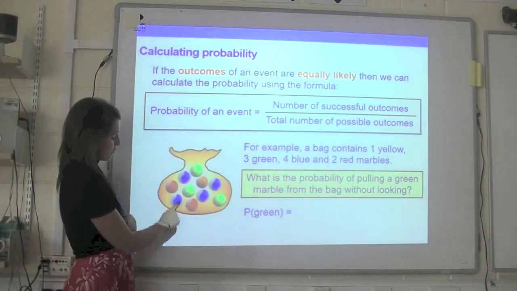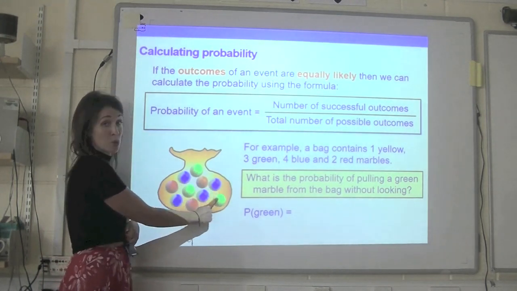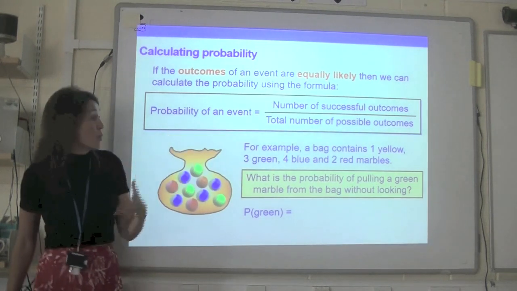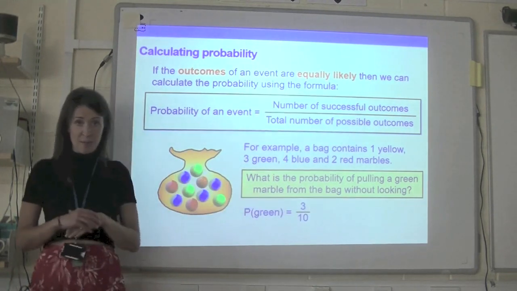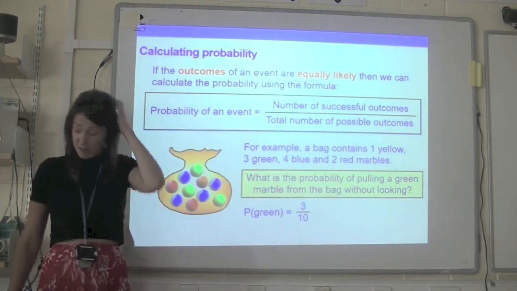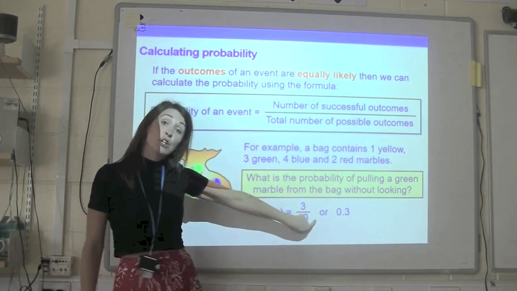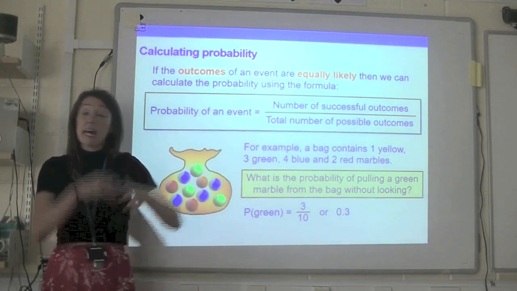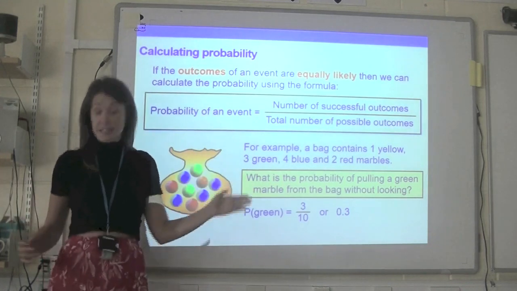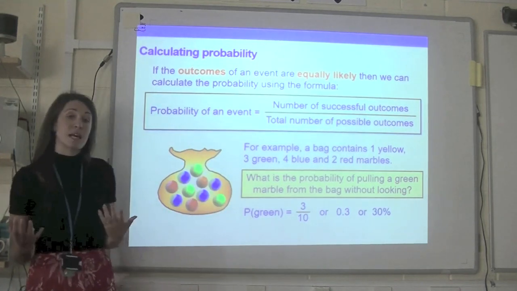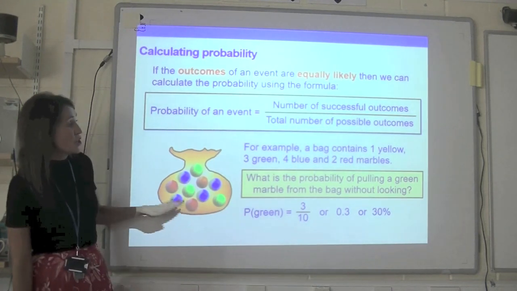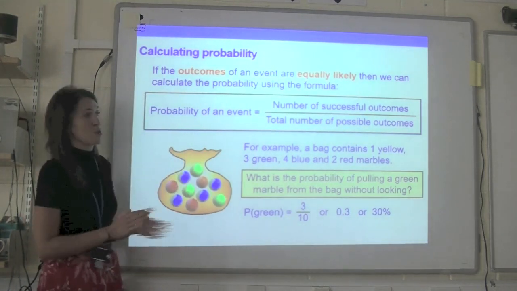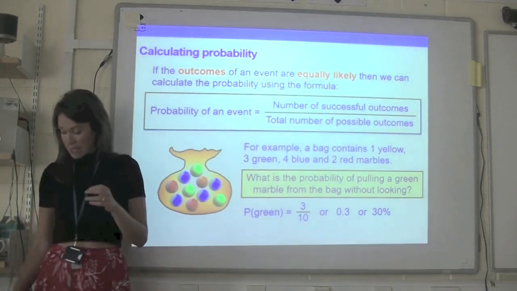Well, there's 1, 2, 3, 4, 5, 6, 7, 8, 9, 10 balls in the bag in total, 3 of which give us a successful outcome, so my probability is going to be 3 over 10. That's perfectly acceptable to leave my probability like that, but I could write that as 0.3. 3/10 is the same as 0.3. And if I wanted to, I could also write that as a percentage, which would be 30%, which means that you've got a 30% chance of getting a green marble when you pull it out of the bag in this situation. So I'm hoping that makes sense.